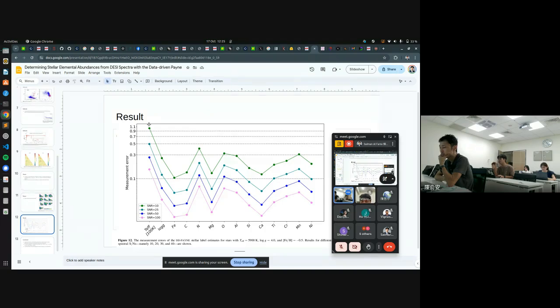So if we want to convert it to the accuracy, we need to know the average value, and then we subtract this measurement error from it.